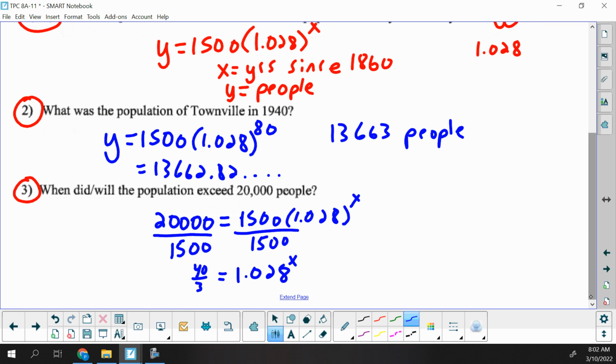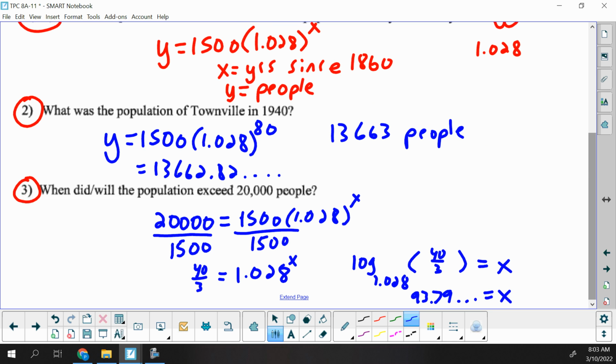From there, we had to switch to our log. Log would have a base that is the same as the base of the exponent, so 1.028. The inside of your log would be the 40/3 and equals x. If you had gotten the 40/3 as a decimal, make sure to keep it out all the way by going up and selecting your previous answer when you put it in your log. And this should have given us 93.79 and change for x.